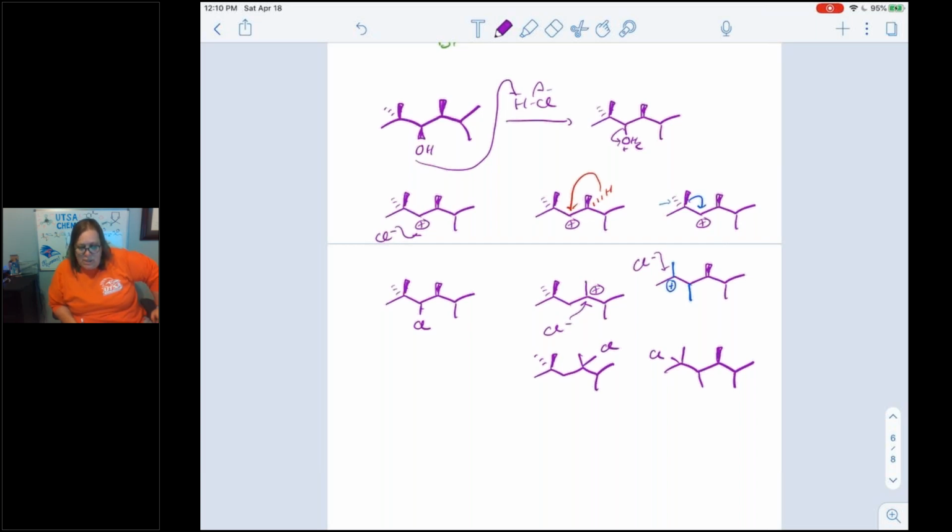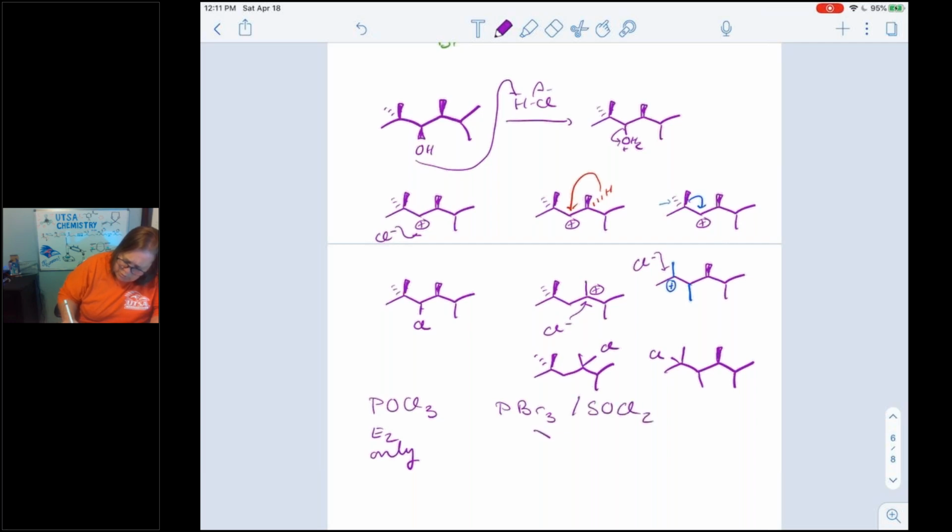So what if I don't want rearrangements? What if I think rearrangements suck? What if I needed to form a single product? Well, then we have POCl3, phosphoryl chloride, that will give me E2 only. I have phosphorus tribromide and thionyl chloride, SOCl2, which will give me SN2 only.